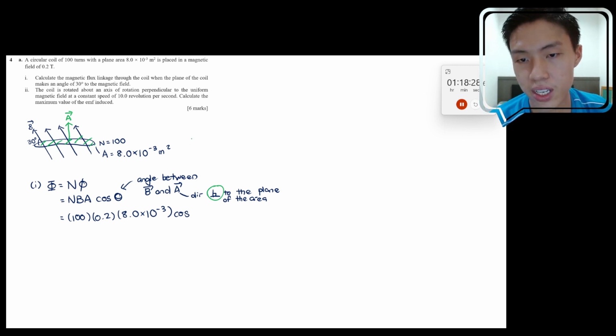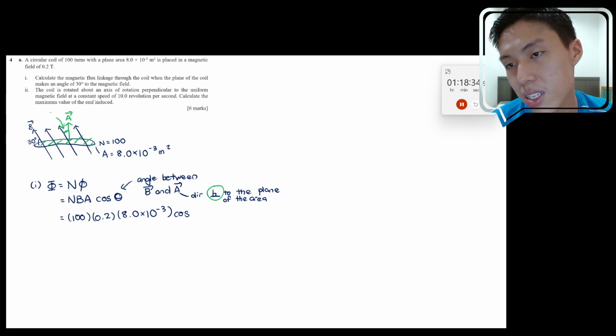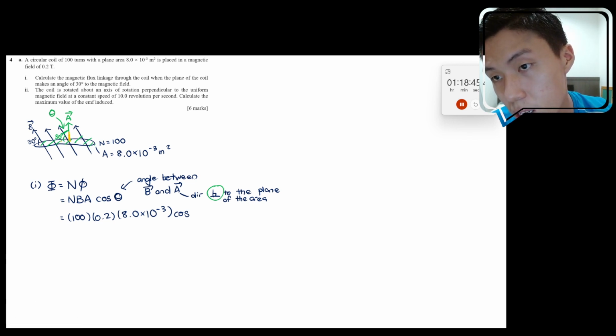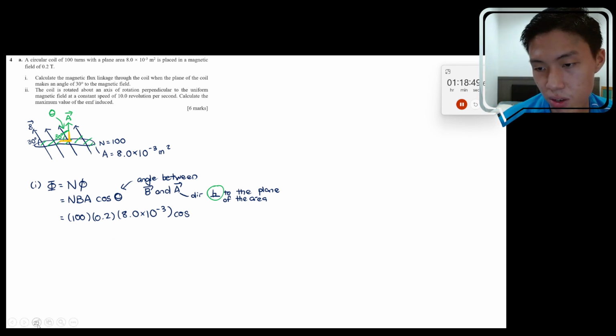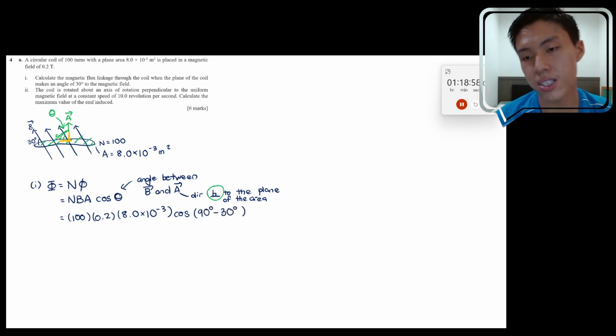Okay, so when we say angle between B and A, we are interested in this angle. This is theta. But we know that this is 30 degrees, right? And we know that this is perpendicular. So technically, theta is 90 degrees minus 30 degrees to get 60 degrees.